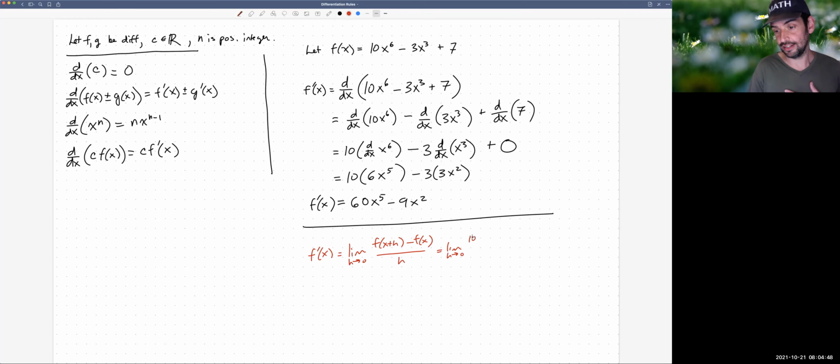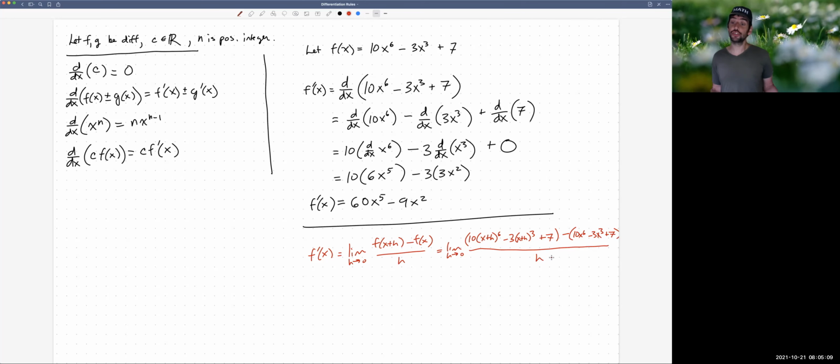This would be 10 times (x plus h) to the 6th minus 3 times (x plus h) cubed plus 7, minus (10x to the 6th minus 3x cubed plus 7), all over h, right?